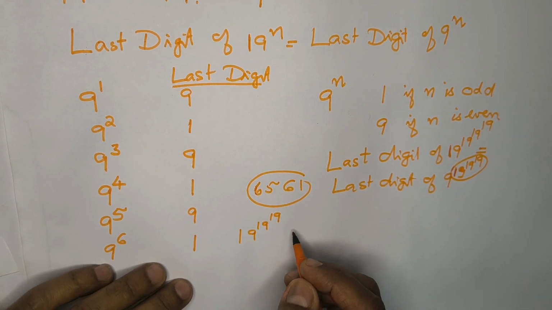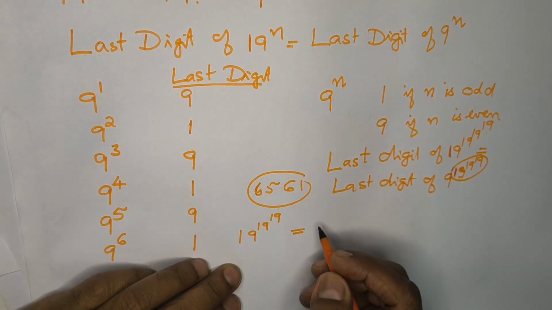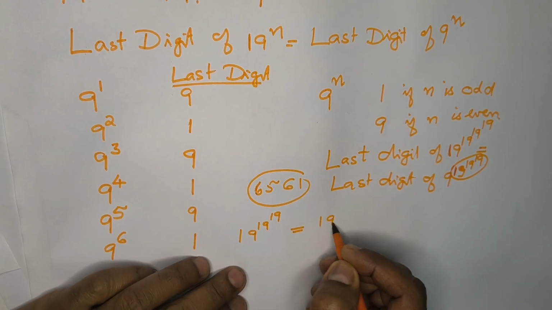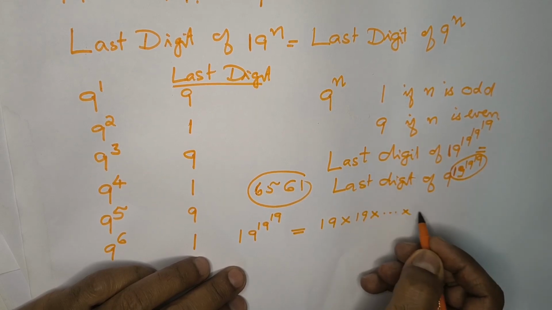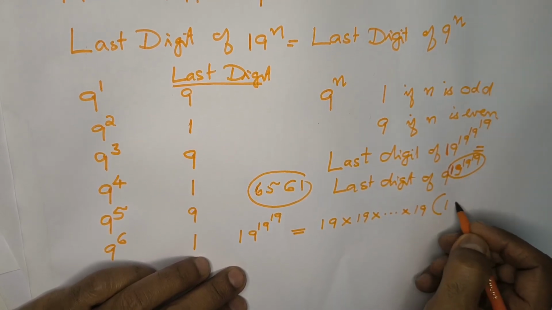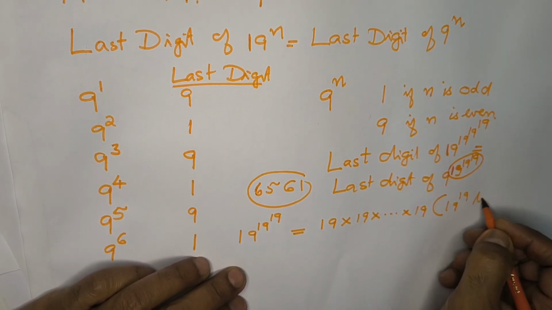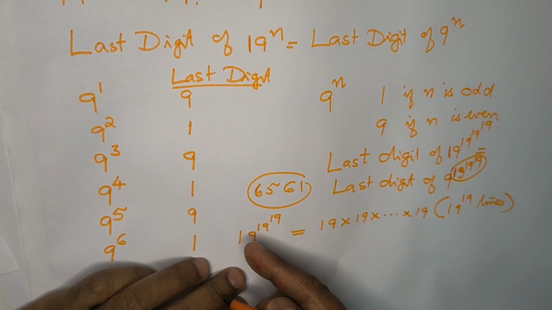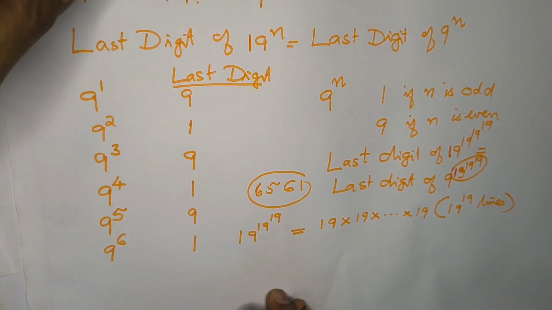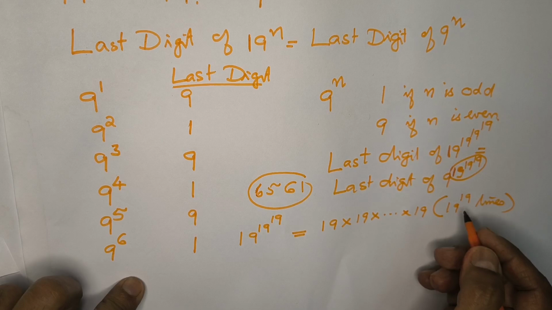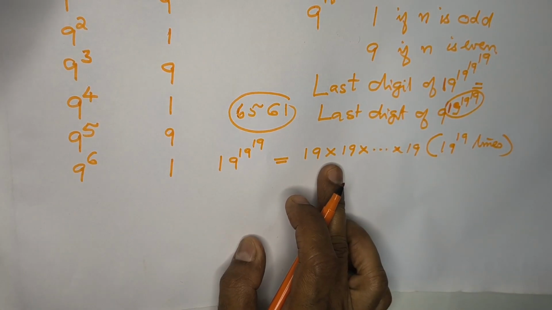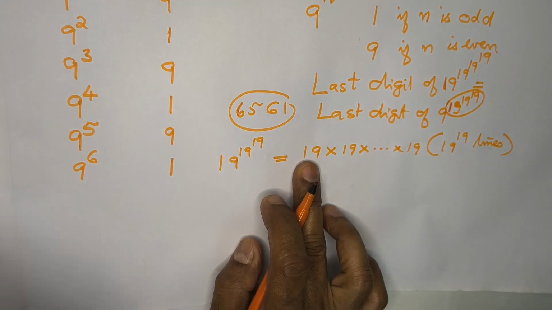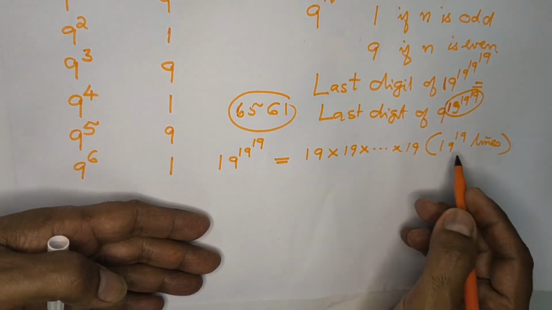The meaning of this exponential number is, you're multiplying 19 by itself how many times? 19 power 19 times. That is the meaning of this, isn't it? And 19 power 19 is a huge number. Basically, you are multiplying 19, which is an odd number, by itself so many times.